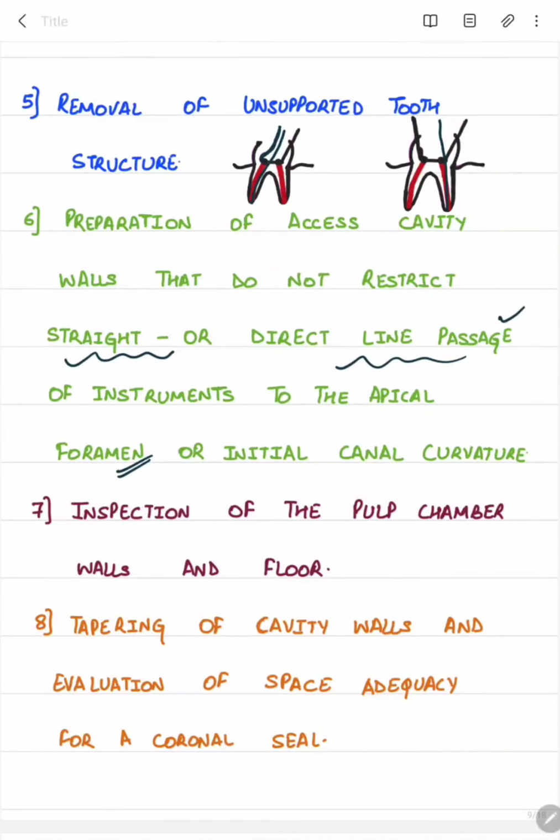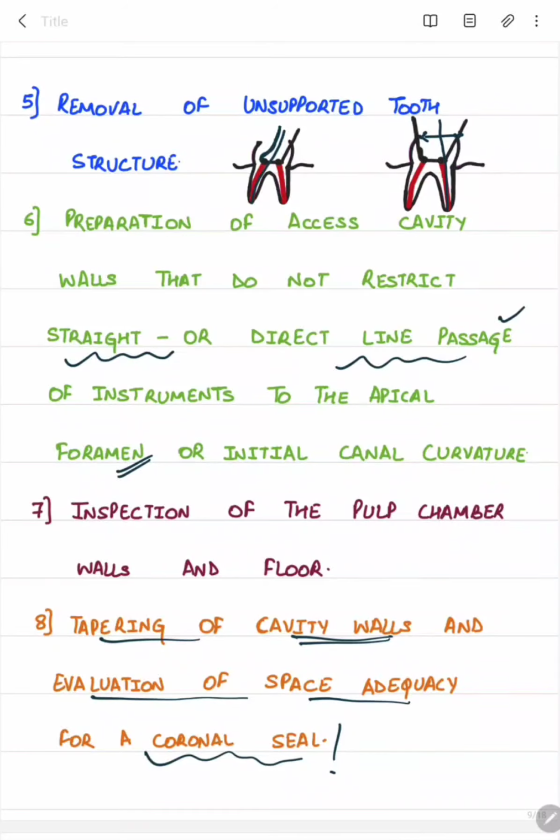Now the last thing that we should remember is the tapering of cavity walls and evaluation of space adequacy for a coronal seal, right? So a proper access cavity preparation generally has tapering walls with its widest dimension at the occlusal surface, right?